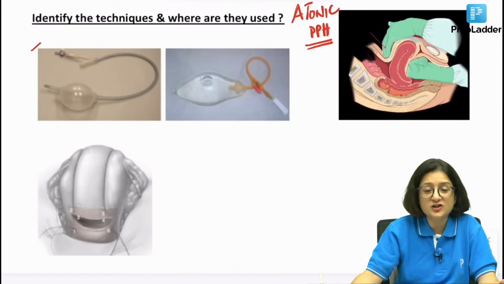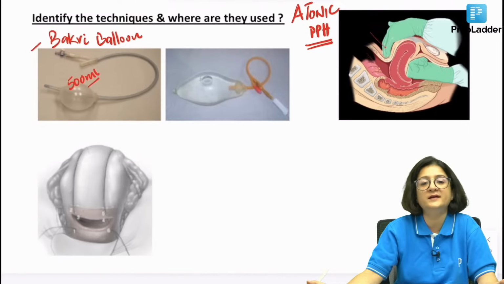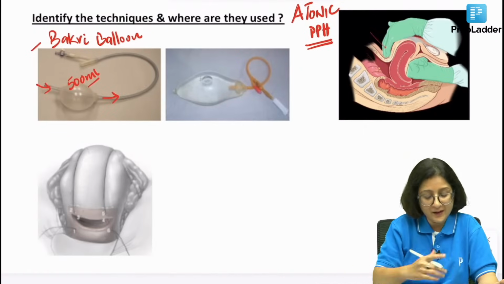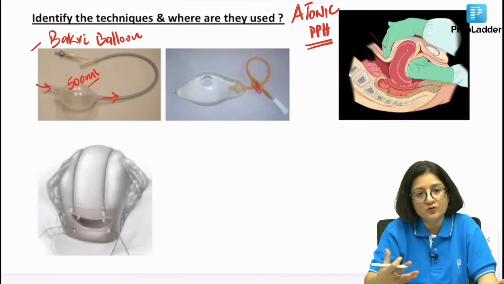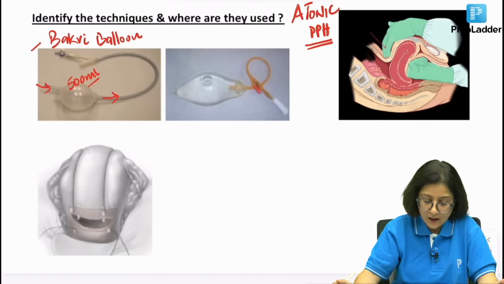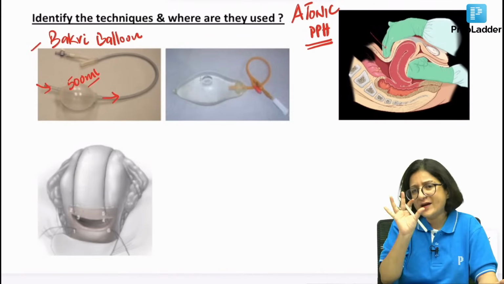What is this specially designed balloon? Bakri balloon. This has a capacity of 500 ml. It is filled with saline. It has also got a draining port. So if any blood is collecting inside the uterine cavity, that will also come out. It will not allow blood to collect inside the uterine cavity. So it has a drainage port.